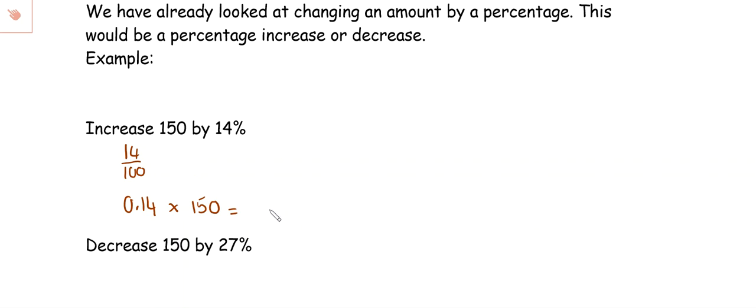You're doing this, by the way. You can do it as well, couldn't you? 21. And then what do I do? So 150 plus 21, and I get the answer.